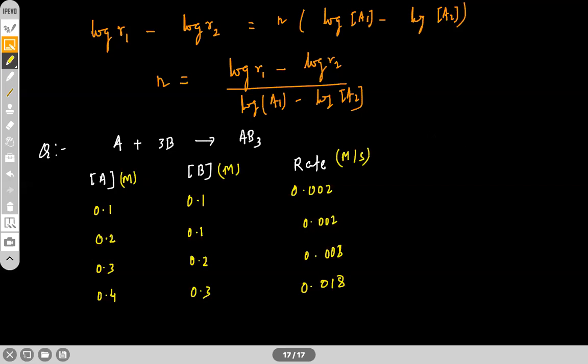You need to write down the rate law here. All of you know what is rate law, right? Rate is equal to K, concentration of A to the power something, concentration of B to the power something. That is what you need to write.